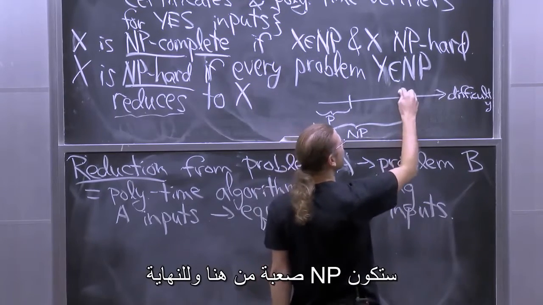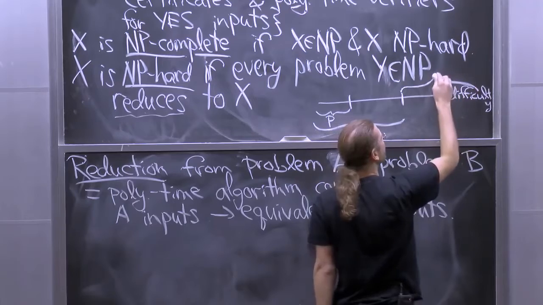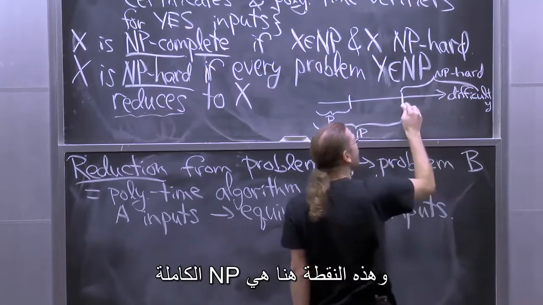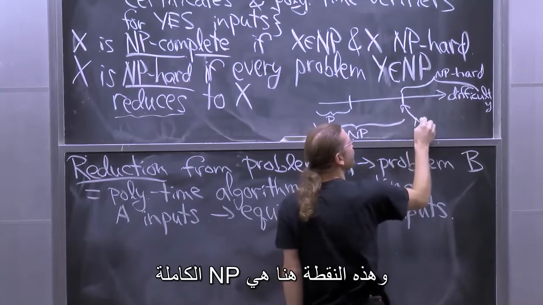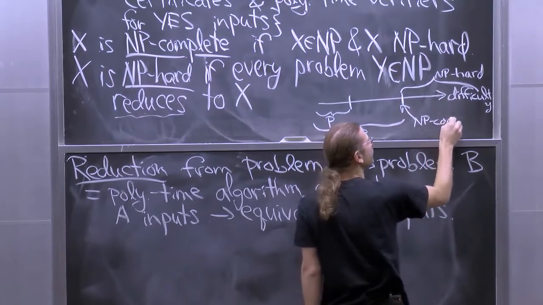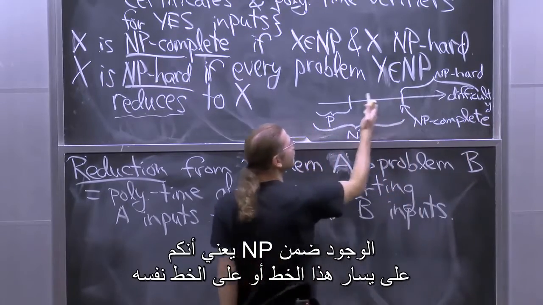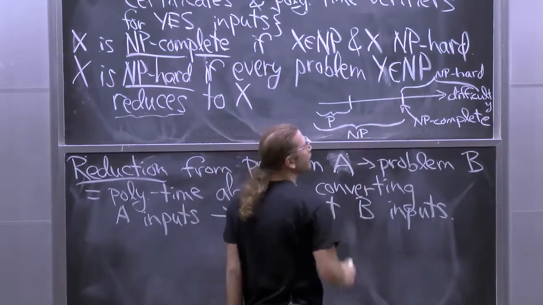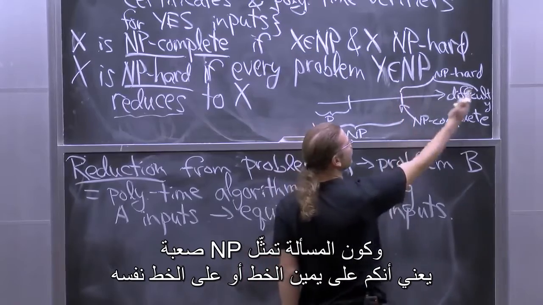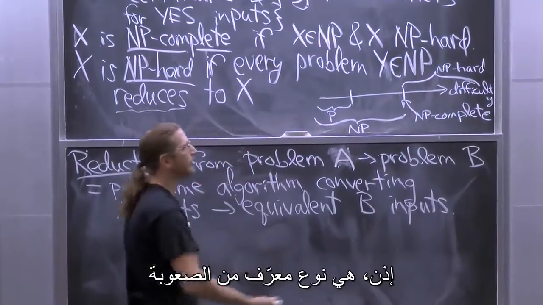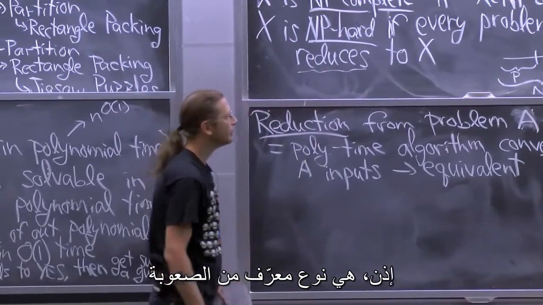NP hard is from here over. And this point right here is NP complete. Being in NP means you're left of this line or on the line. And being NP hard means you're right of this line or on the line. And NP complete means you're right there. So it's a very definitive sense of hardness.